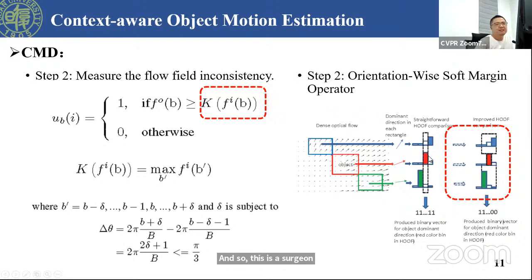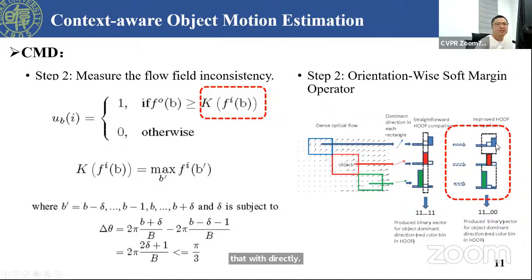For the straightforward histogram comparison, if the center object's B value is compared with its flow field value in the same direction, then it will give all 1, 0.